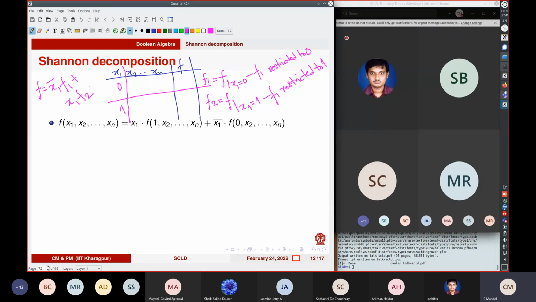What you can see is that this is true when x1 is 0, and then this is false, and this is true when x1 is 1.